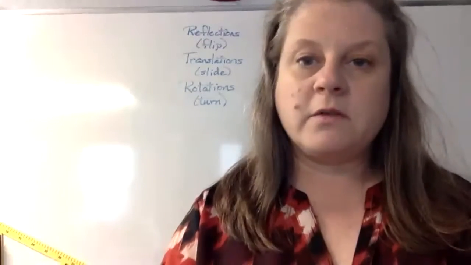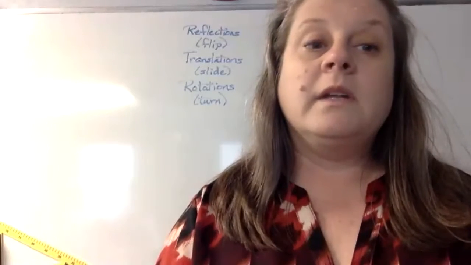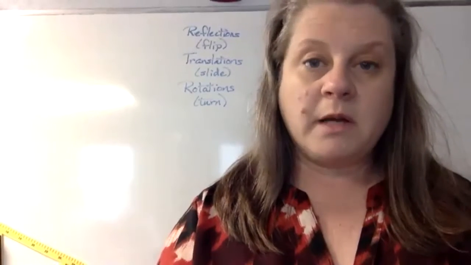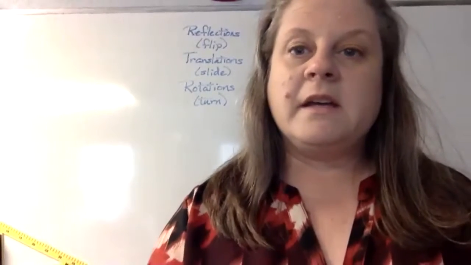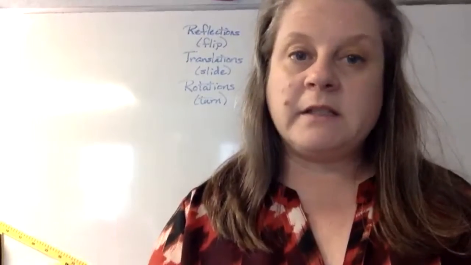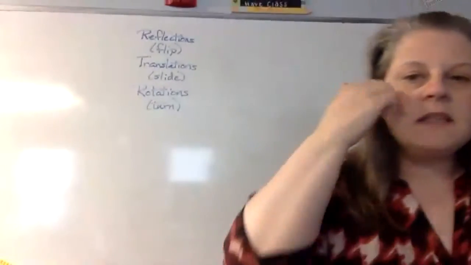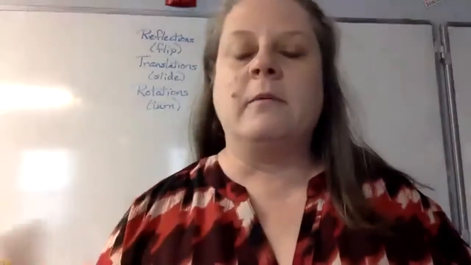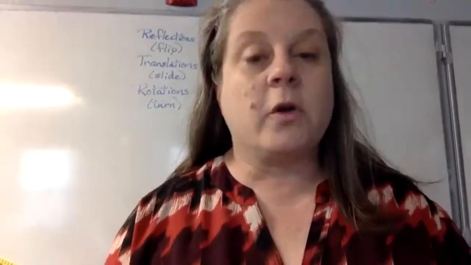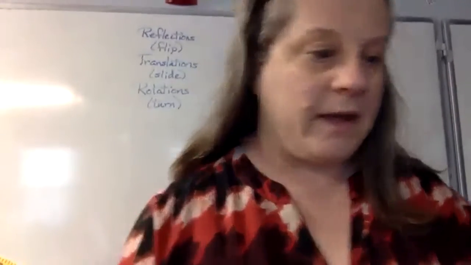So you should have those written down somewhere. You will need those today while we're talking about these, okay? Because we're going to practice on some, and then I'm going to give you some that's going to count as your quiz over this. So you need to be ready, okay?